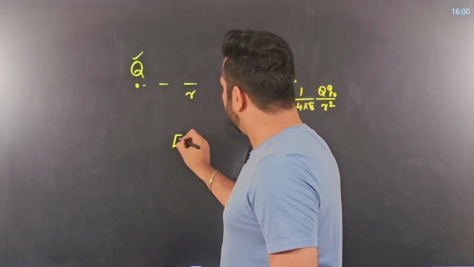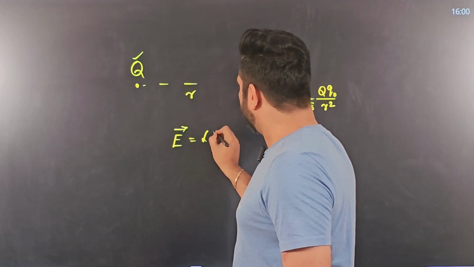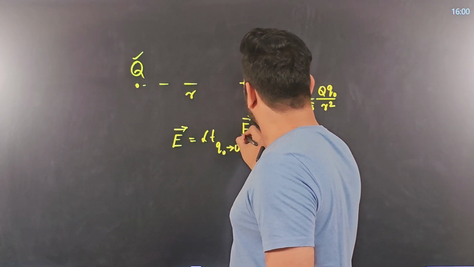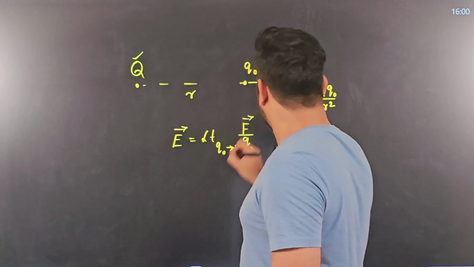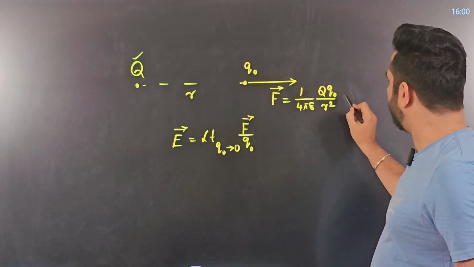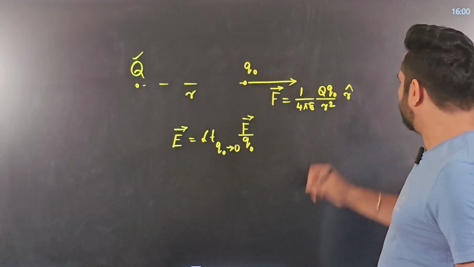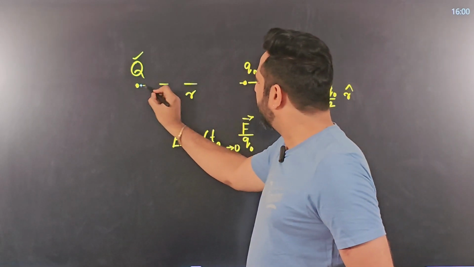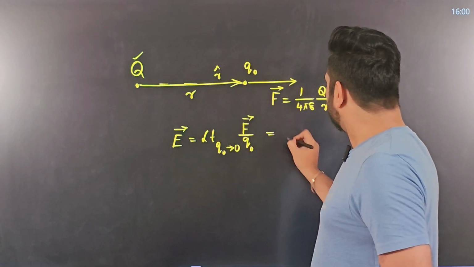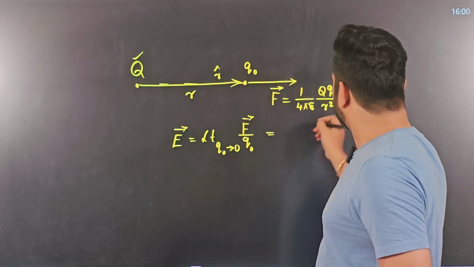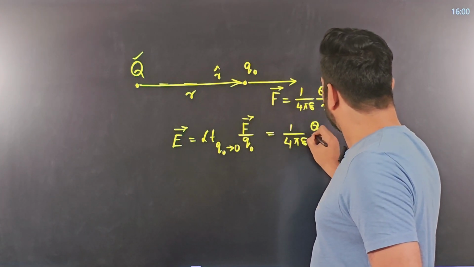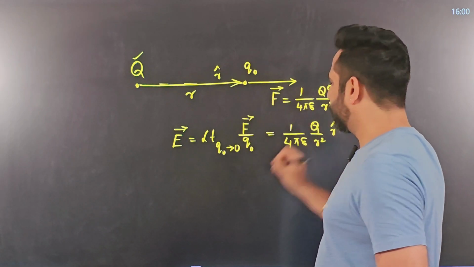By definition, electric field at that point is limit Q naught tends to 0 of F bar by Q naught. If I have to define this force in terms of vectors, I'll write F bar and multiply it with a unit vector r cap, where r cap is a unit vector in this direction. So solving this limit, when you divide this force by Q naught, we get a finite value, that is 1 by 4 pi epsilon naught Q by r square into r cap.